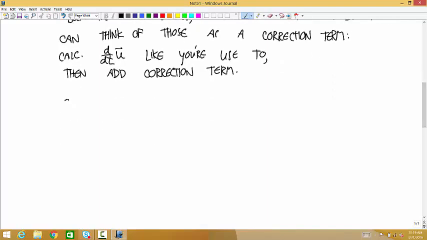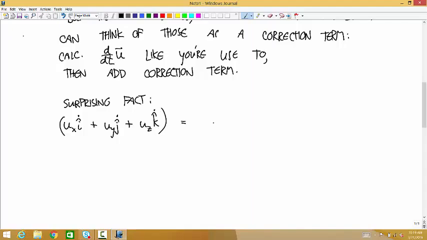And I gave you this surprising fact at the end of last class, that this correction term, ux times i dot plus uy times j dot plus uz times k dot, is equal to the angular velocity vector crossed with the u vector.